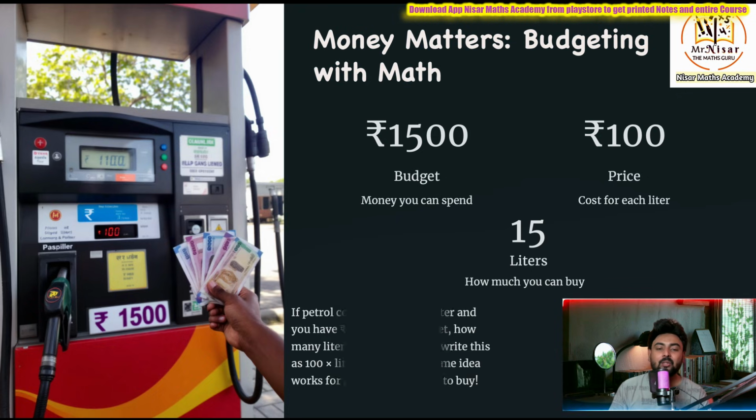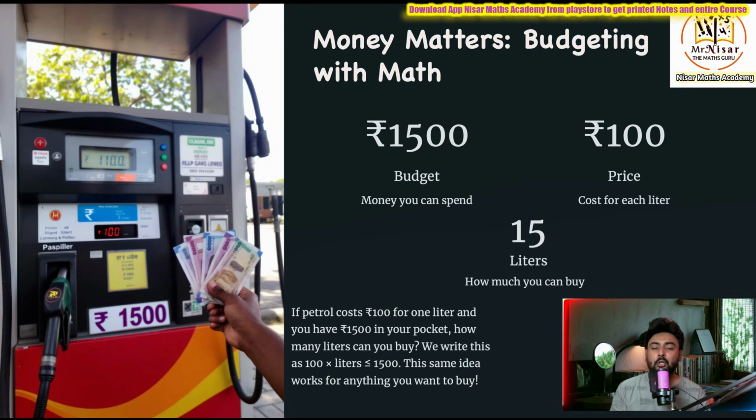Yeah, I have written over here children, if petrol costs 100 rupees for 1 liter and you have 1500 rupees in your pocket, how many liters can you buy? We write this as 100 into liters is less than or equal to 1500. You see this line. It means what?